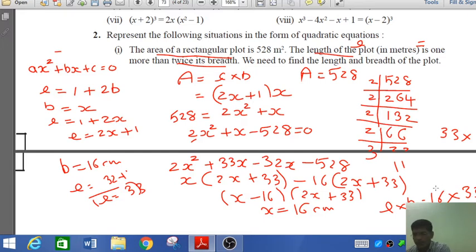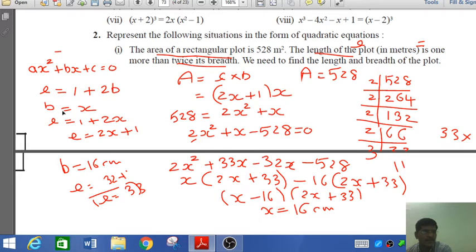Again I explain properly because these are all important sums and you must know how to do this. What is the first concept? Area is given, that is 528 meter square. The relation between breadth and length is given.